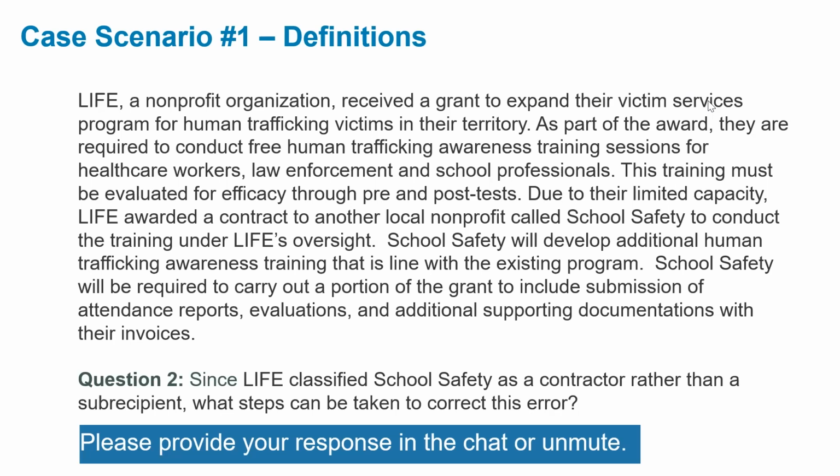You can please provide your response in the chat, or you can unmute yourself. So they inadvertently classify them as a contractor rather than a subrecipient. How could they resolve this?